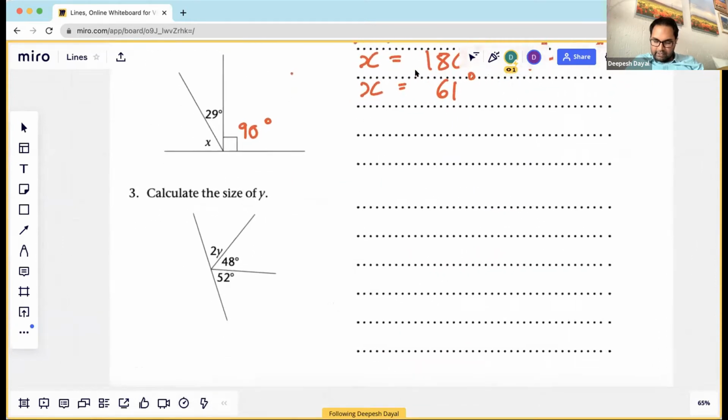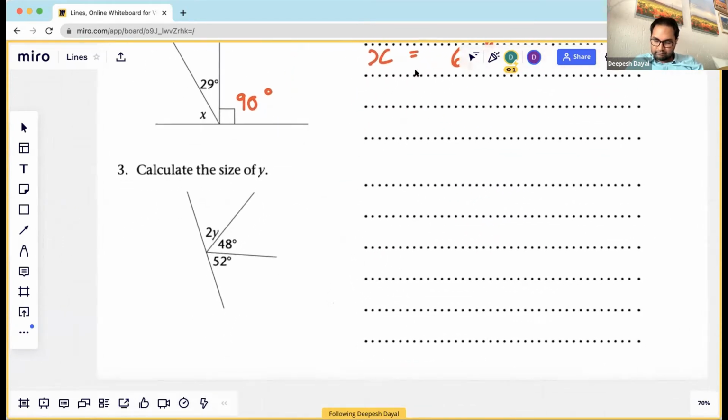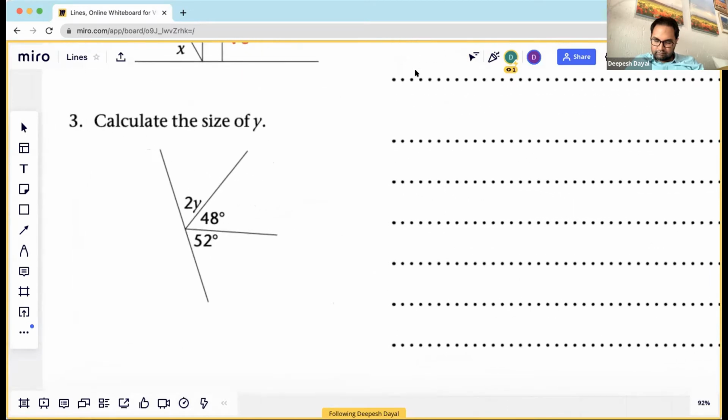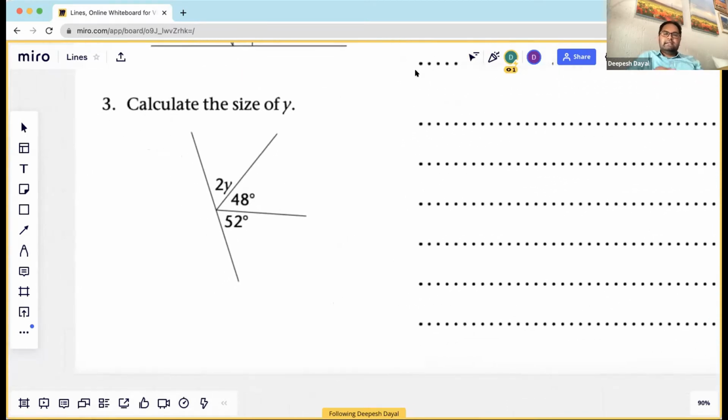Try this one for me. What is the value of y? Calculate the size of y.